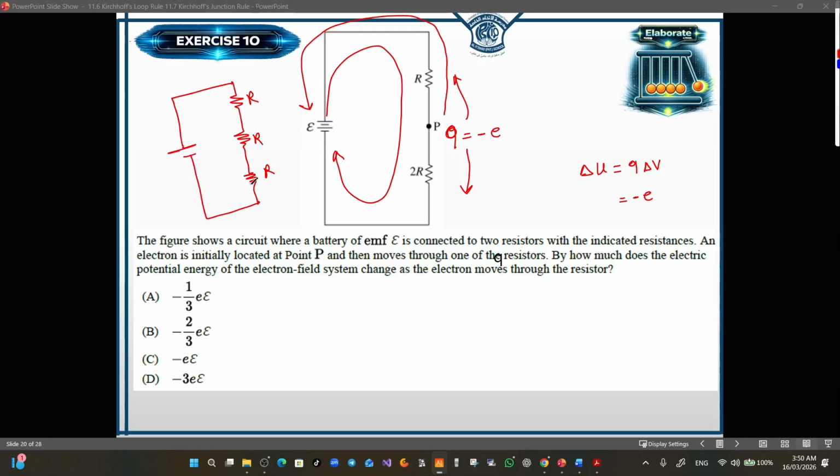So how many resistors do we have? We have three resistors. Each one of them will take an equal part of the electromotive force, and this equal part will be equal to the electromotive force over 3. So the potential drop across the resistor R will be E over 3. So we substitute here E over 3. Now reordering this equation, delta U will be equal to minus 1/3 e multiplied by the electromotive force. So the correct answer is A.